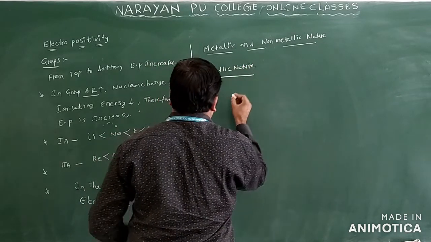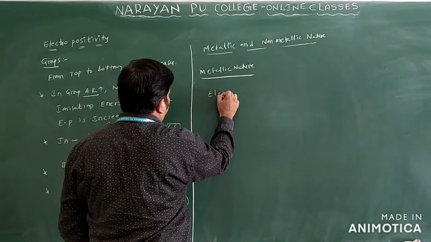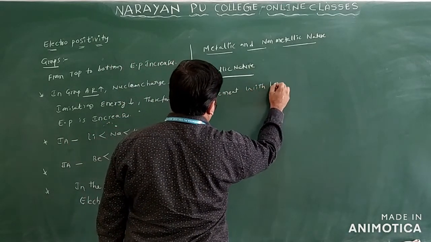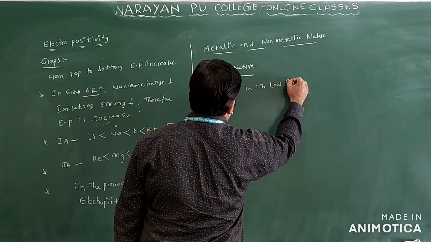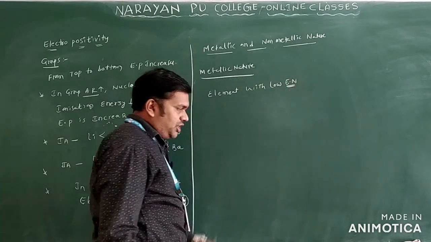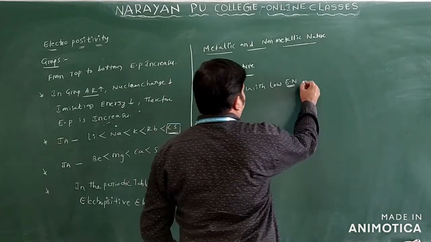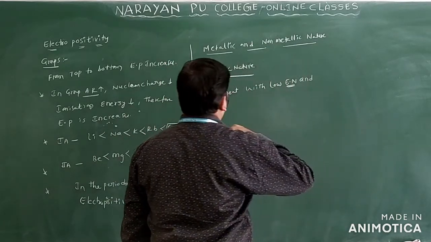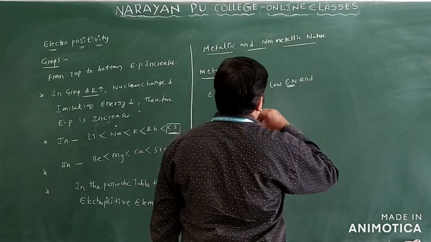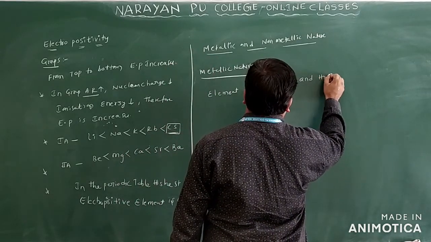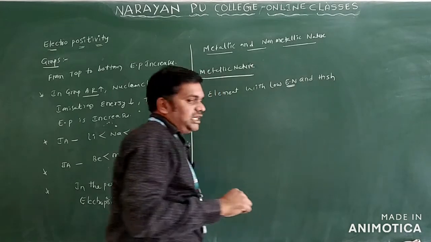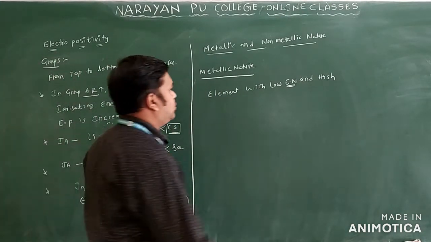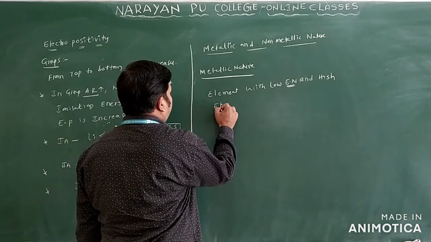Metallic nature: element with low electronegativity. EN means electronegativity only.